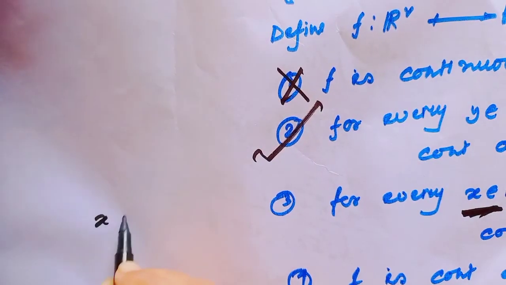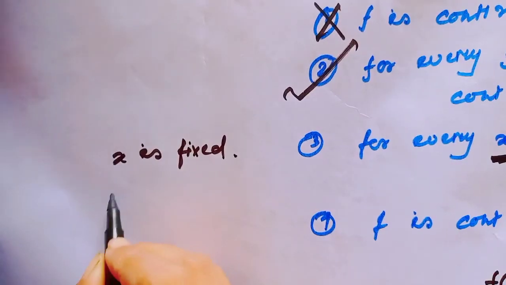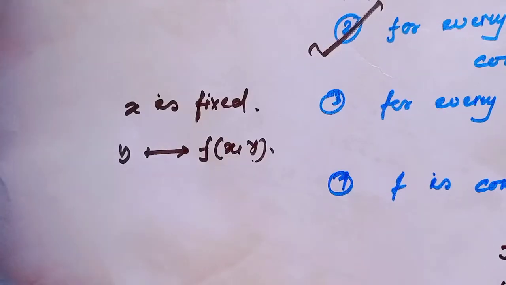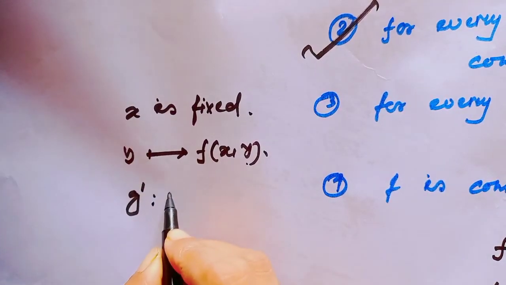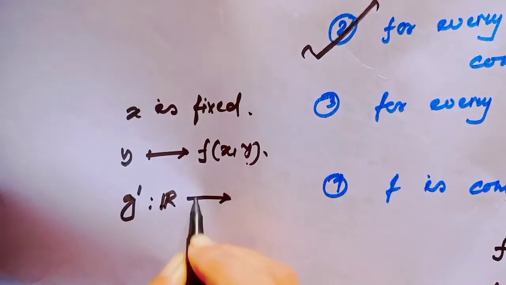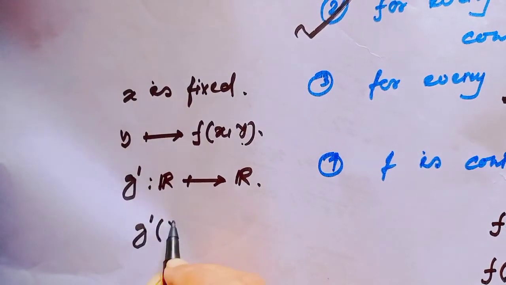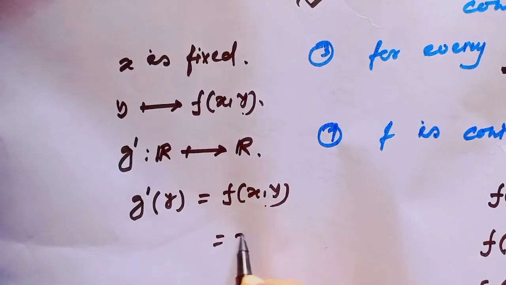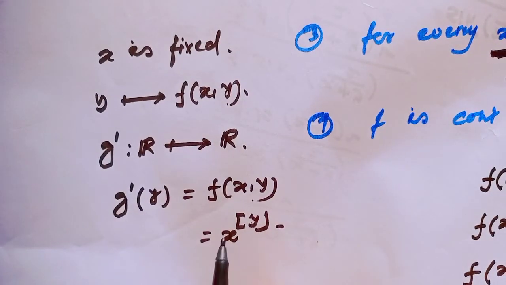Since x is fixed and our new function is represented as y mapped to f(x,y), consider the new function as z dash, which is represented from R to R, and the function is denoted as z dash of y equal to f(x,y), which is equal to x to the power box of y. And now we have to prove, is this function continuous or not?